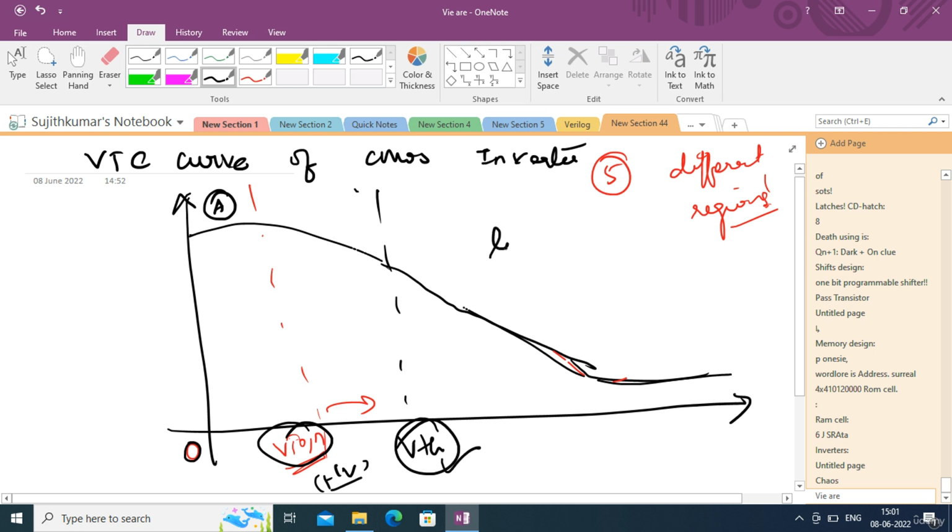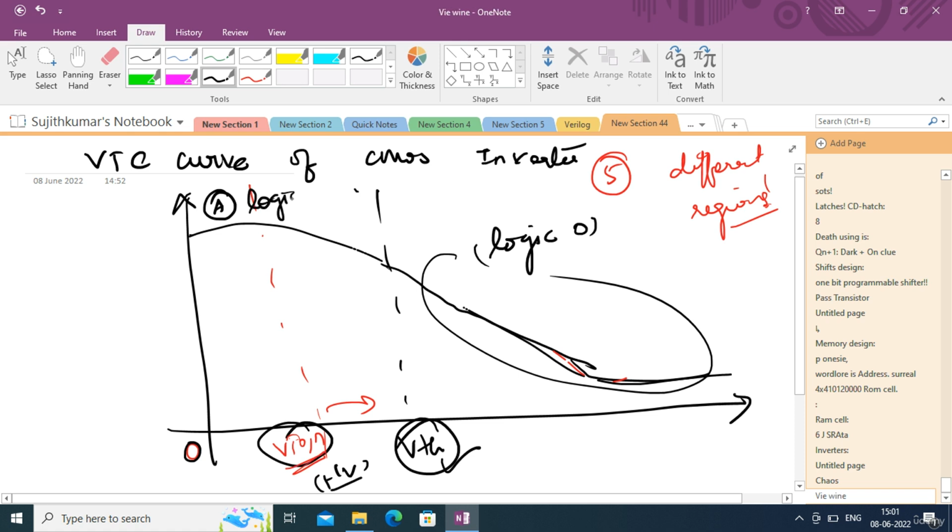All the voltages before this threshold voltage will be called logic 1, and beyond it we will consider the voltage as logic 0. That's the magic. This is the VTH point, and from VT0N to VTH it will be called region B, and VTH alone, this one voltage alone, will be called region C. That is the VTH alone.